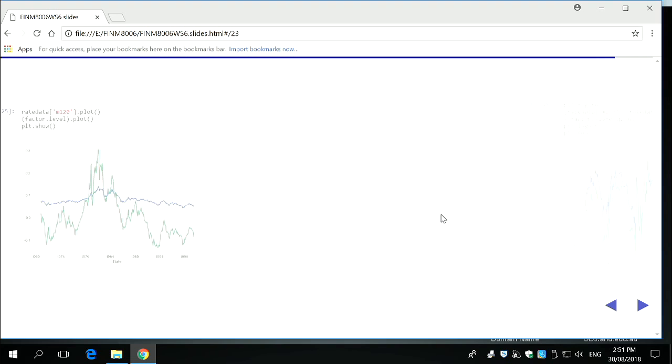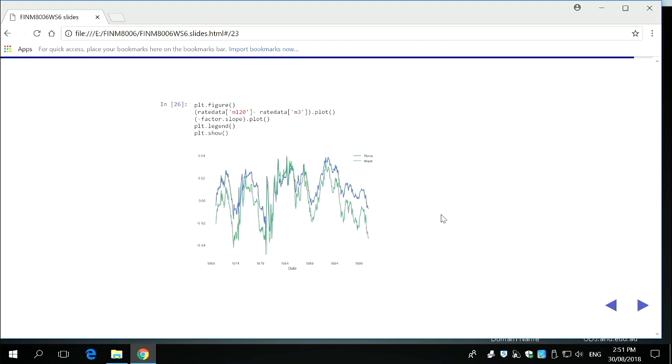So the next graph I want to plot is the flip of the slope curve with the difference between the 10-year yield and the 3-month yield. So the blue line is the difference between the 10-year yield, M120, and M3, the 3-month yield. And the green line is just the flip of this slope curve.